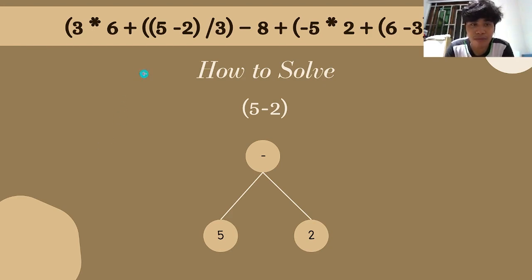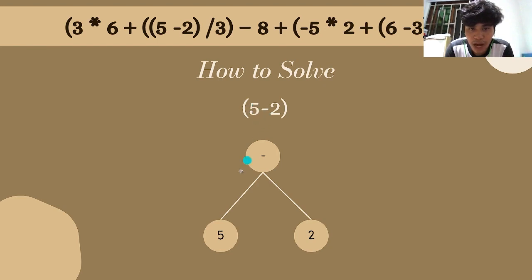So first is the parenthesis expression inside this expression, the 5 minus 2. Here our operator is a subtraction. That subtraction operator is going to be our parent node for the two constants 5 and 2. To determine where those constants will be placed, we just have to look where they are placed relative to the operator.